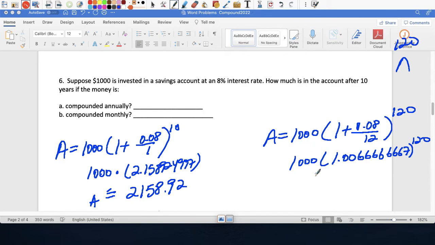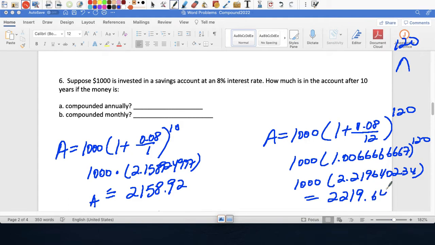And you get 1,000 times 2.219640234. You multiply that by 1,000, you get $2,219.64. Right, not 22,100. 2,219 and 64 cents.